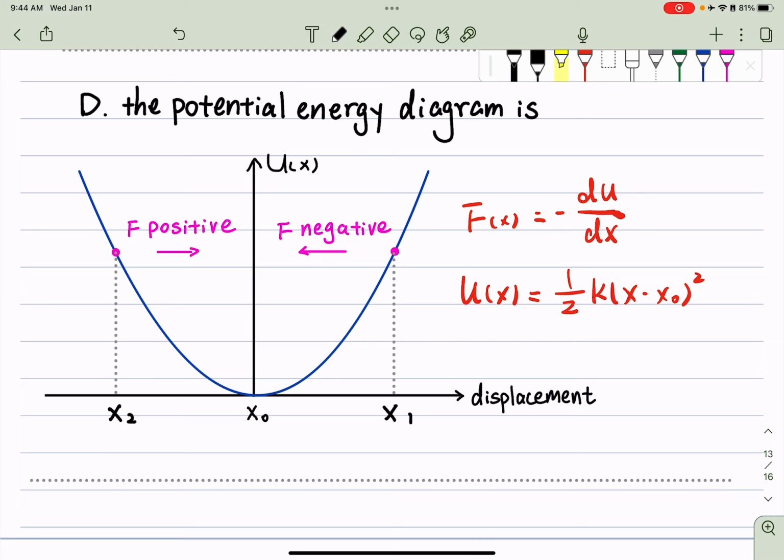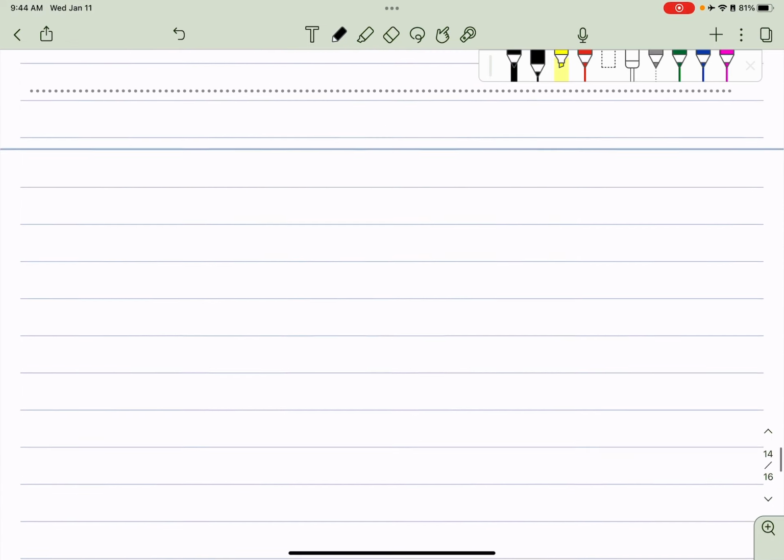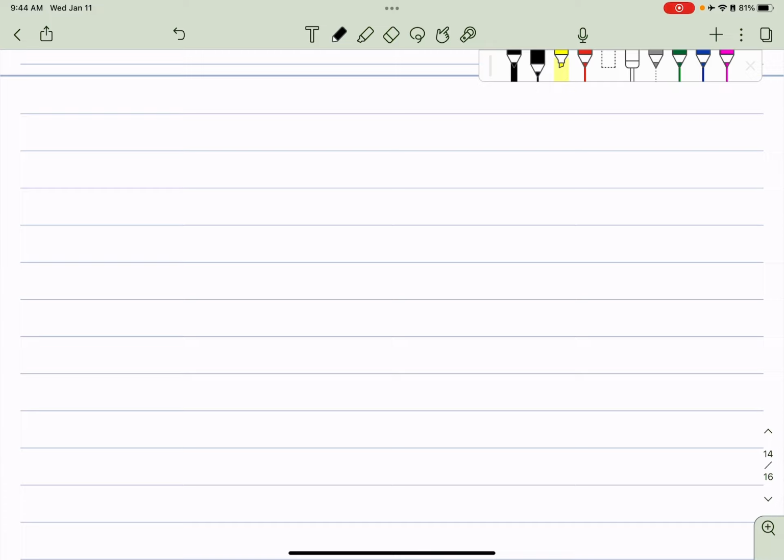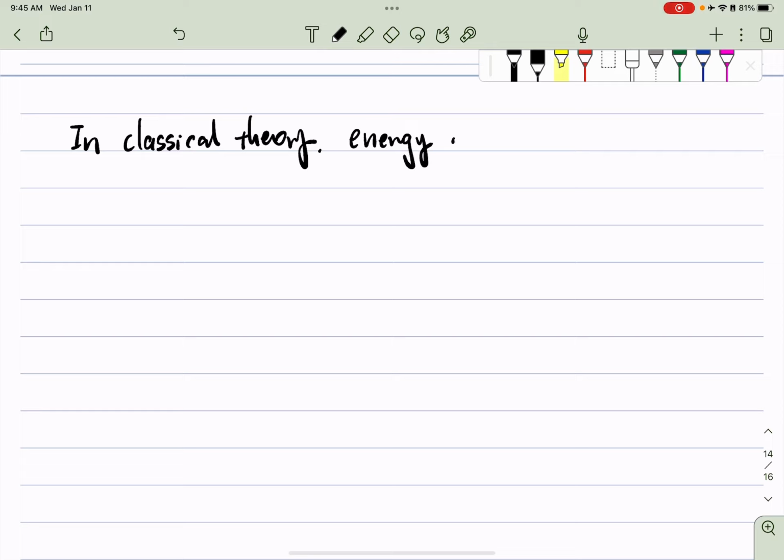So in classical physics, in my classical harmonic oscillator, what we have is a continuous energy relationship. Or, if we draw it out, in classical theory the energy is continuous.